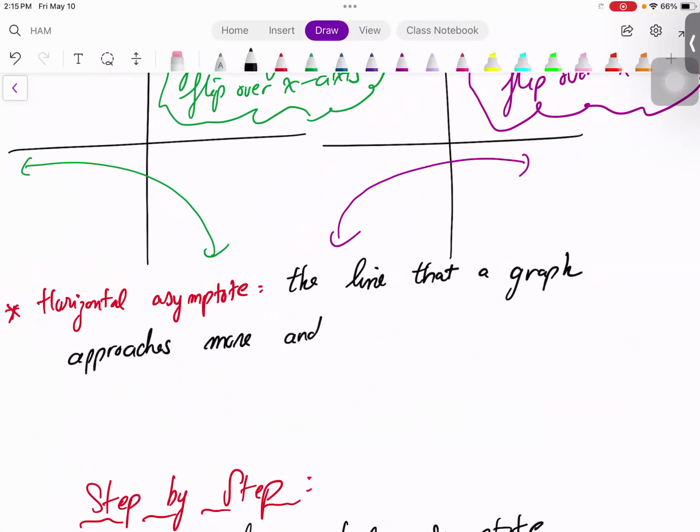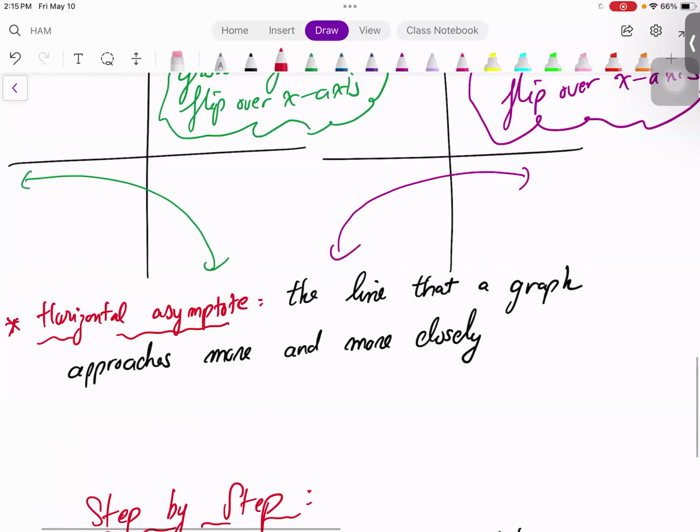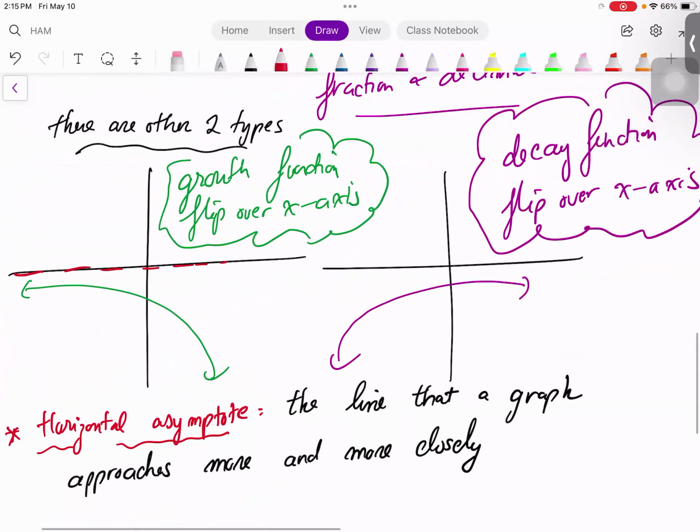I will show you what this is. For example, the horizontal asymptote for these two is right at the axis.